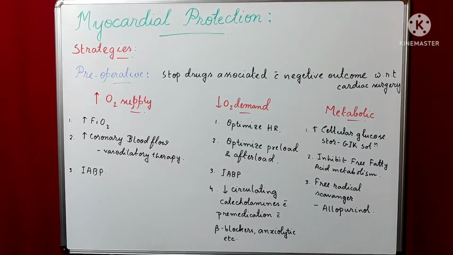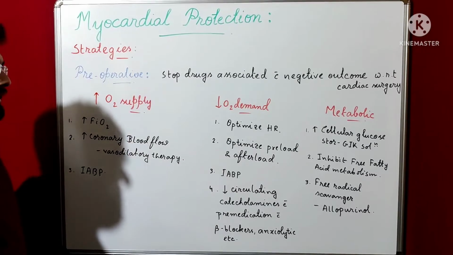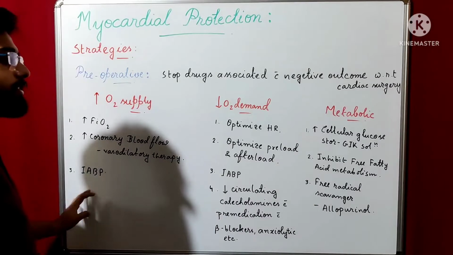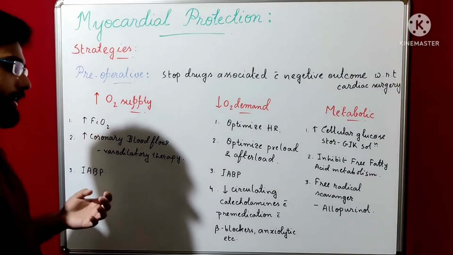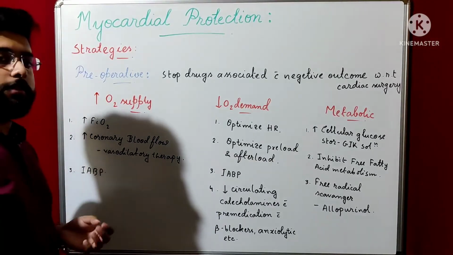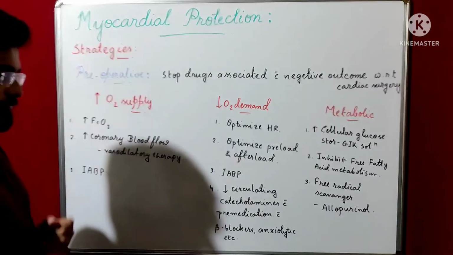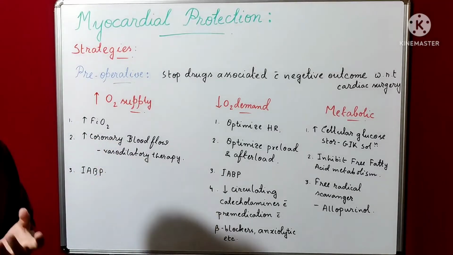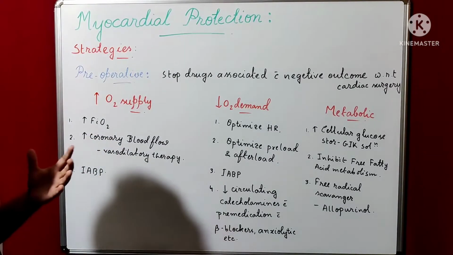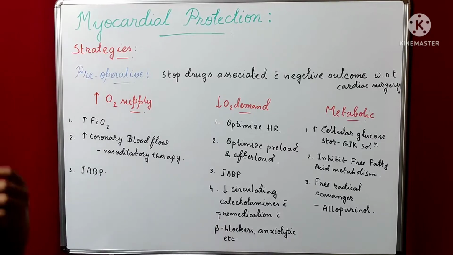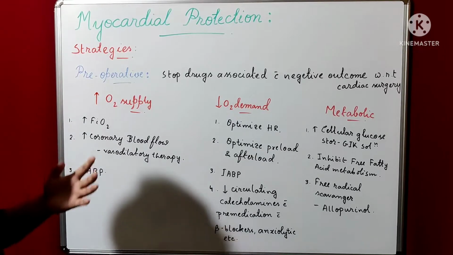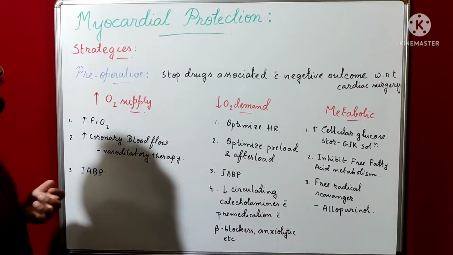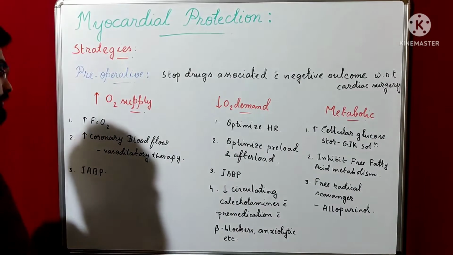preoperatively to increase the oxygen supply and decrease the demand, because you all know the IABP inflates during diastole and deflates during systole. This deflation during systole decreases the afterload, so the oxygen demand is reduced, and as it inflates during diastole, it causes increased diastolic pressure, so that the coronary blood flow is increased and it increases the oxygen supply.